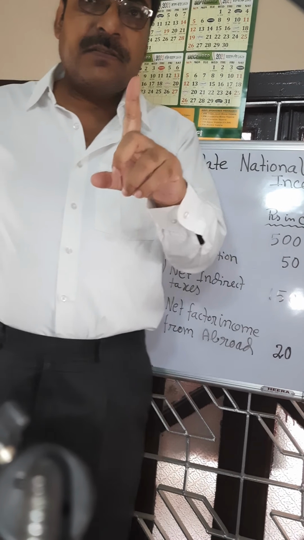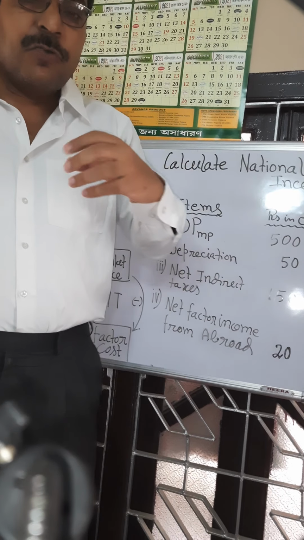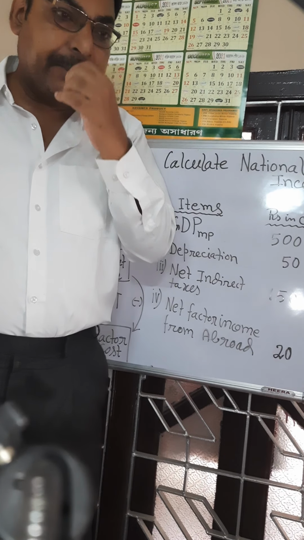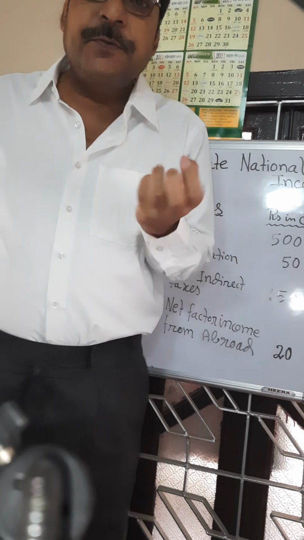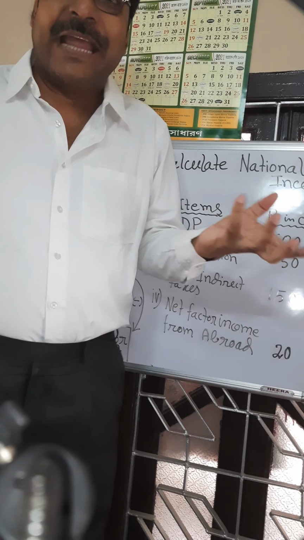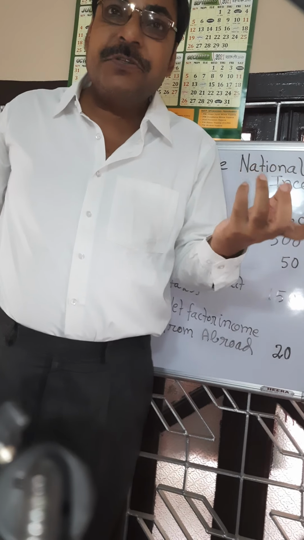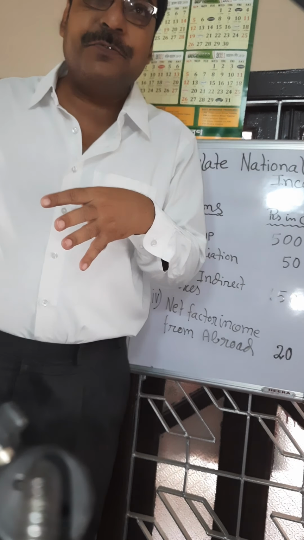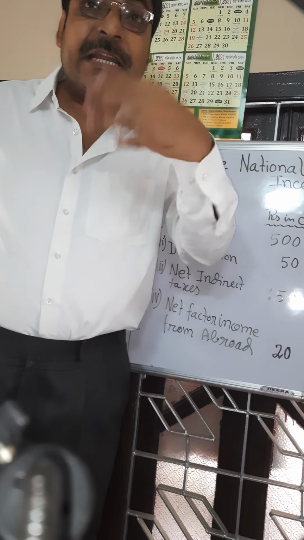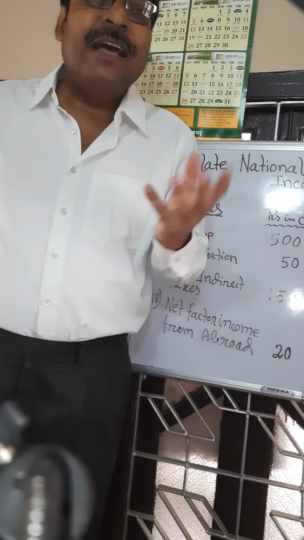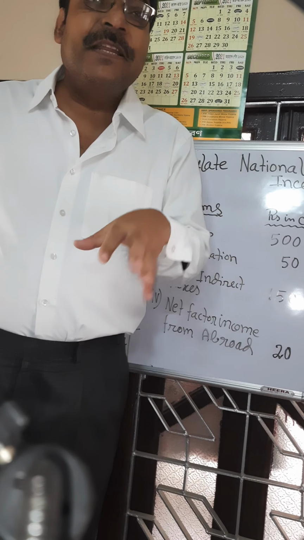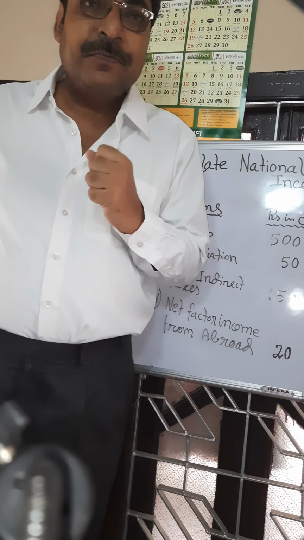You have noticed whenever we are talking about defined aggregates, sometimes the term gross is used, sometimes the term net is used, sometimes national concept, sometimes domestic concept, sometimes measured at market price, and sometimes national income is measured at factor cost.